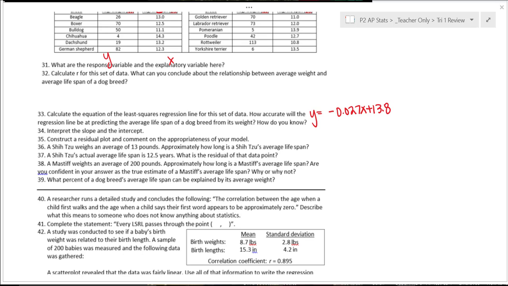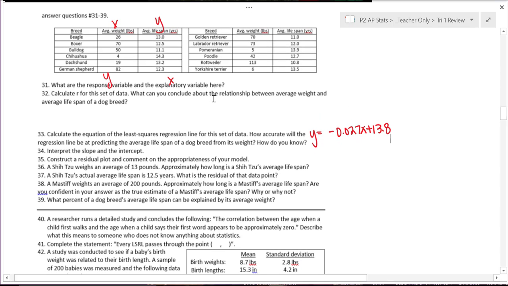When you are interpreting the slope and the intercept, what you're going to say is we're going to think about what are these X and Y values. So your X value, your explanatory, is going to be the weight. And then remember, your Y value is the average lifespan.